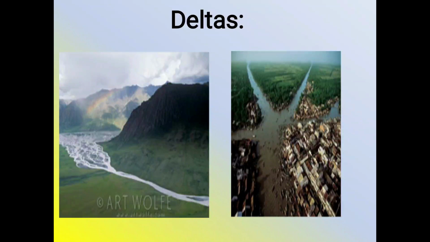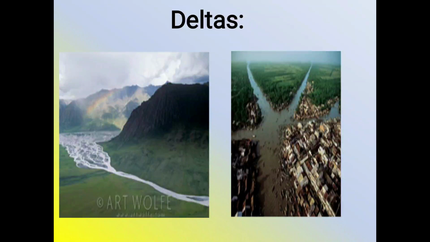Soon this new channel gets choked up by sediments, and numerous new channels keep on developing at the mouth. These channels are known as distributaries. Thus, a triangular region made up of the distributaries separated by swamps and alluvium filled areas is known as a delta.